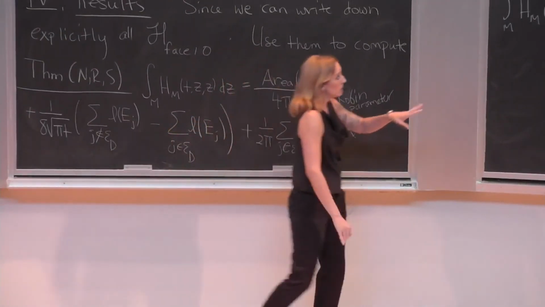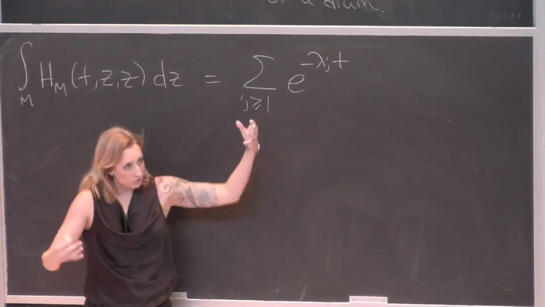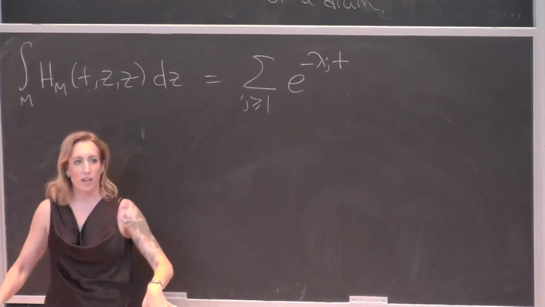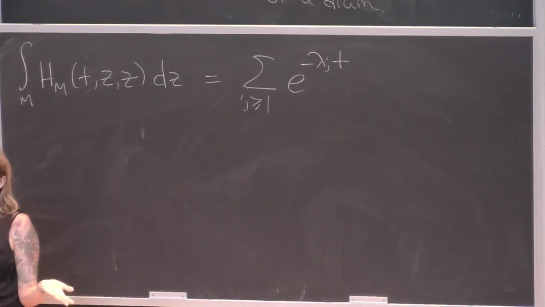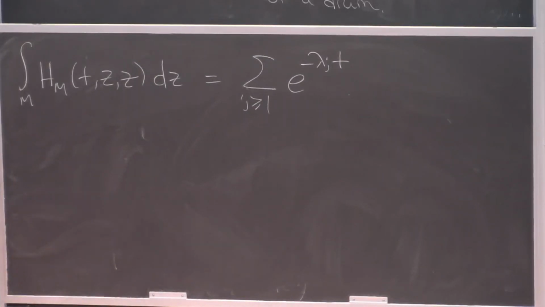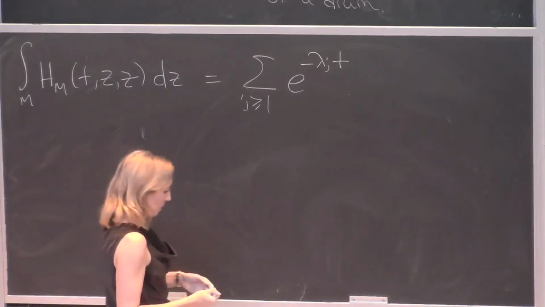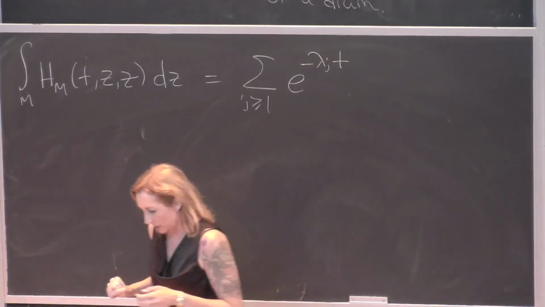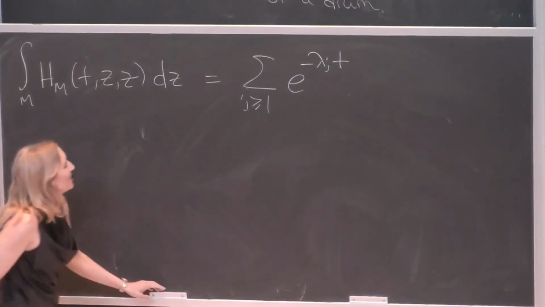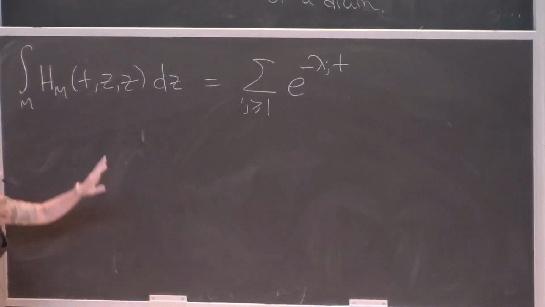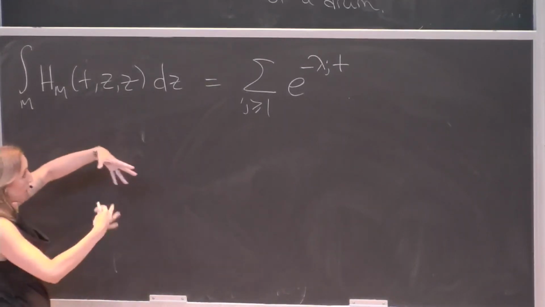So in other words, do these numbers determine the shape of the domain? And the answer is, of course, no. There was a paper by Gordon, Webb, and Wolpert, which was titled, One Cannot Hear the Shape of a Drum.